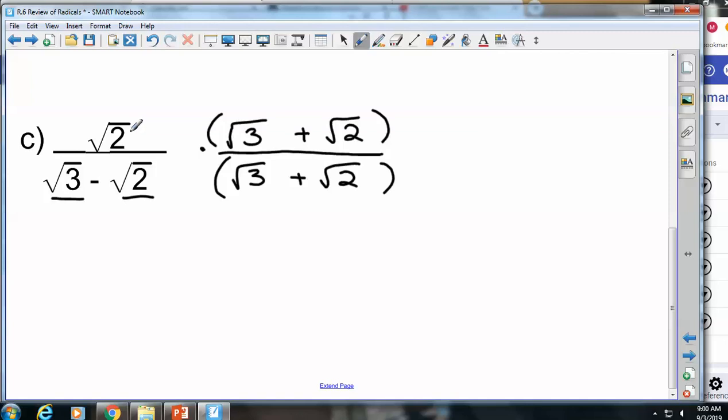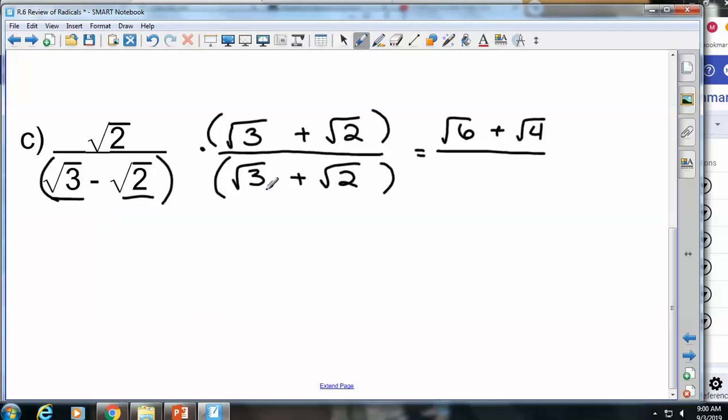On the top, we are going to have to distribute. Square root of 2 times the square root of 3, square root of 6, plus square root of 2 times the square root of 2, square root of 4. On the bottom, how am I going to multiply these?